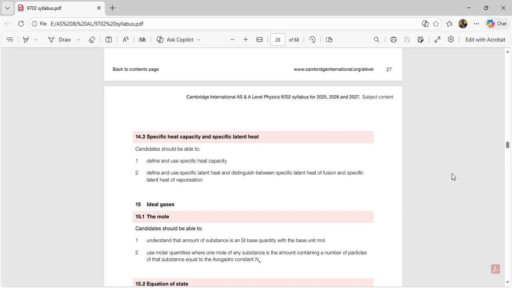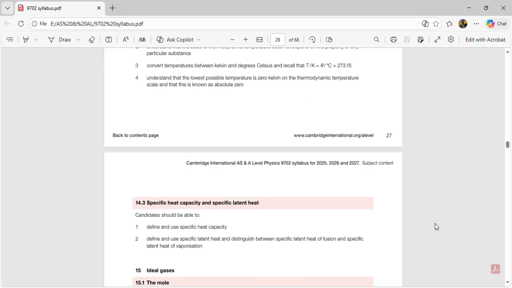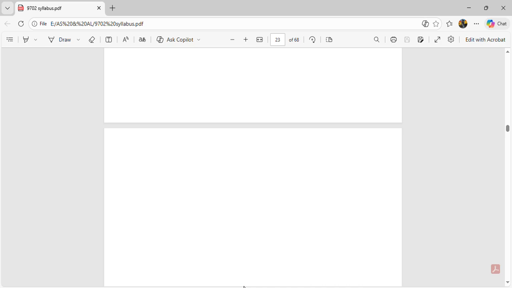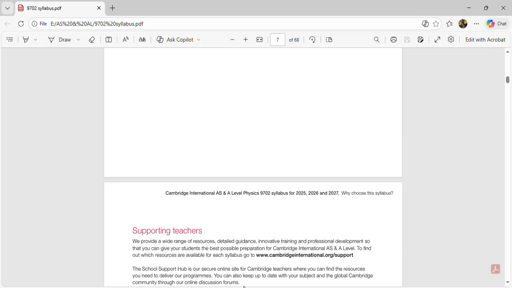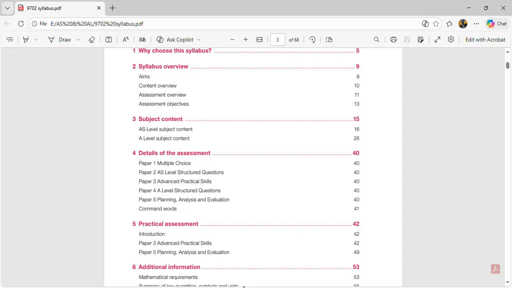It's a combined syllabus for both levels, for AS and for A level.